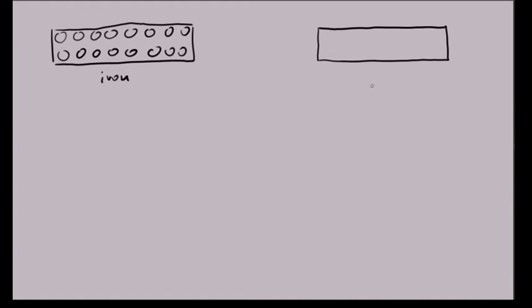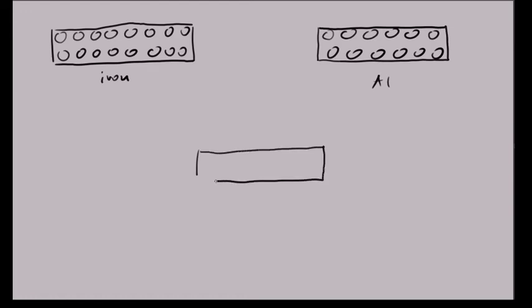And then let's say we pick a chunk of aluminum, and we will also have these atoms of aluminum that sit here like this. And then let's maybe do one more right here, but this is going to be another chunk of iron.